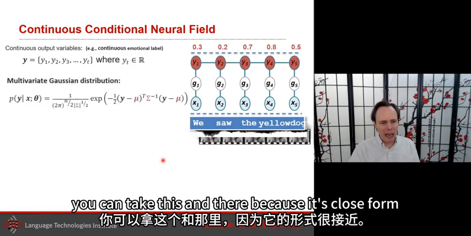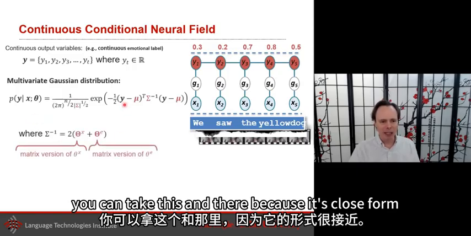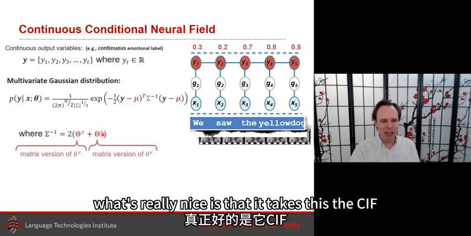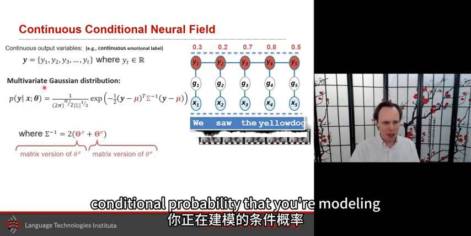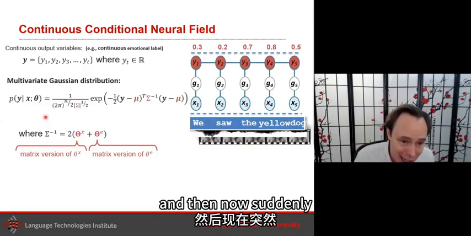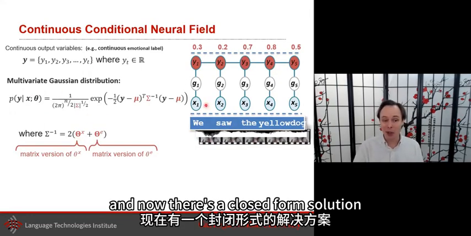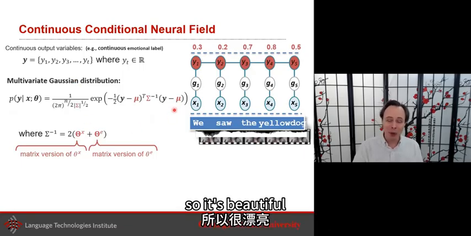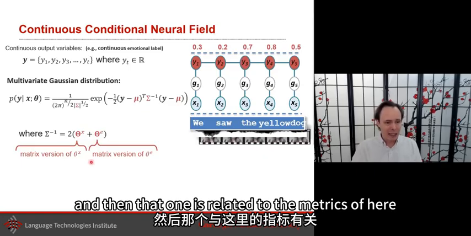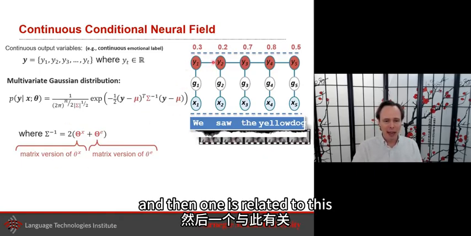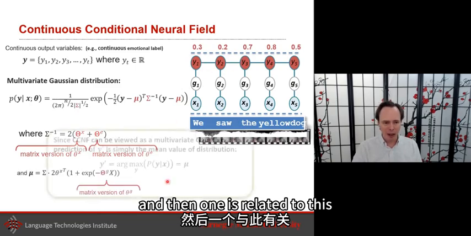And because it's closed form, what's really nice is that for the CRF conditional probability that you're modeling, suddenly you don't need to go gradient descent, and now there's a closed form solution. So it's beautiful. And then that one is related to the matrix here, and then one is related to this.